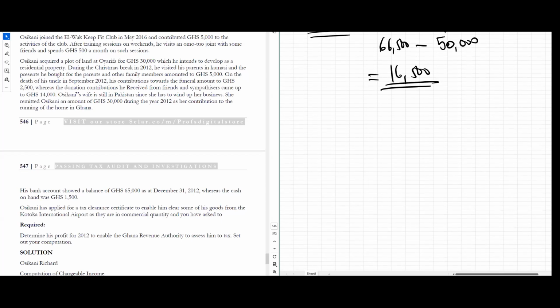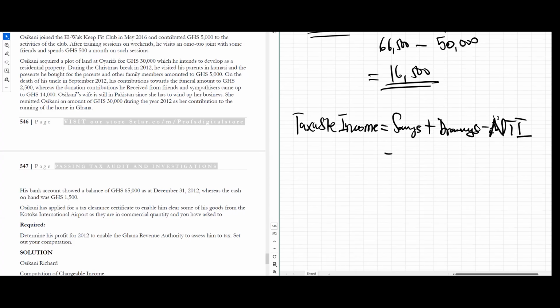How do we get taxable income under net worth? Savings plus drawings, which is his private expenditure, minus non-taxable income. His savings we know is 16,500, his drawings was 112,500, then minus non-taxable income of 44,000.